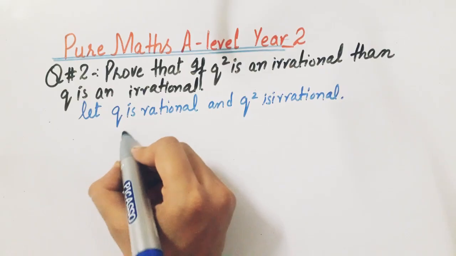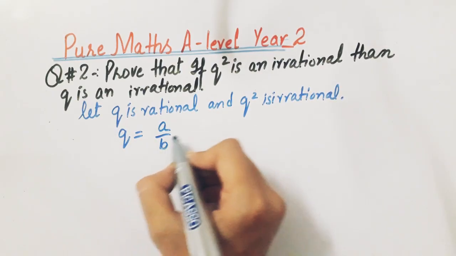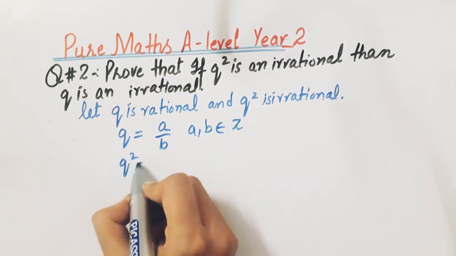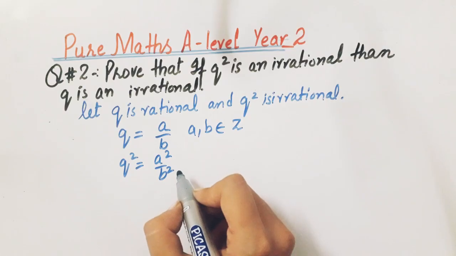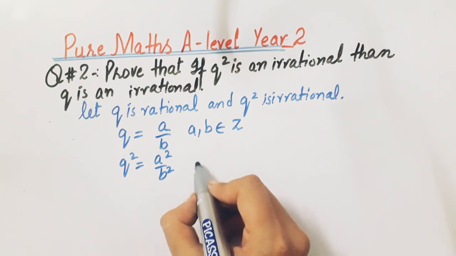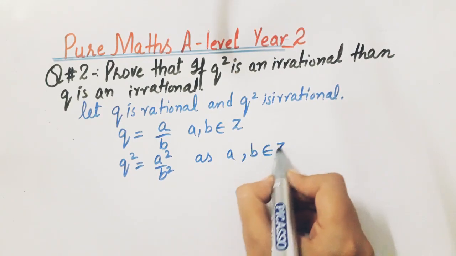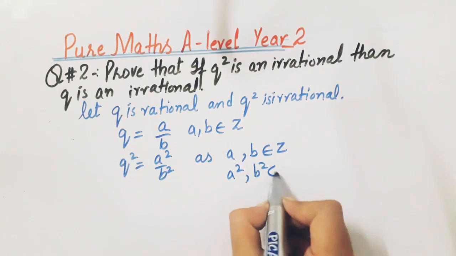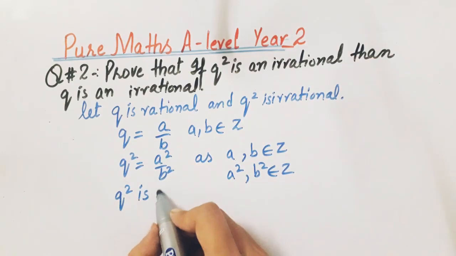So we write q as rational. q can be written in the ratio a over b, where a and b belong to Z. So q squared equals a squared over b squared. It means that as a and b belong to Z, these are integers, a squared and b squared also belong to Z. It means that q squared is rational.